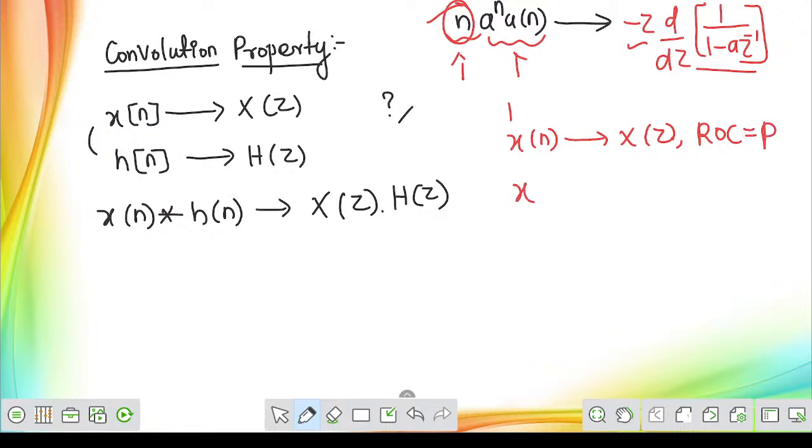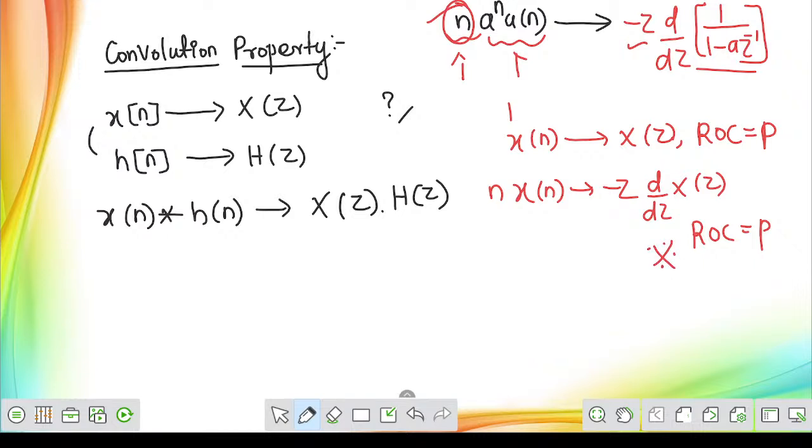Then if I have n times x of n, I know we will have to differentiate: minus z into d by dz of x of z is what I should consider. But because of this, will your region of convergence change or not? No. Your region of convergence will remain the same. So what is the conclusion? The differentiation property does not affect the region of convergence. You must remember this.